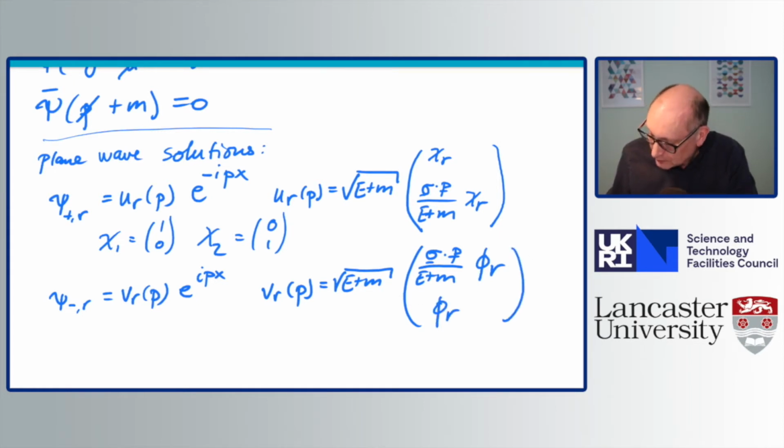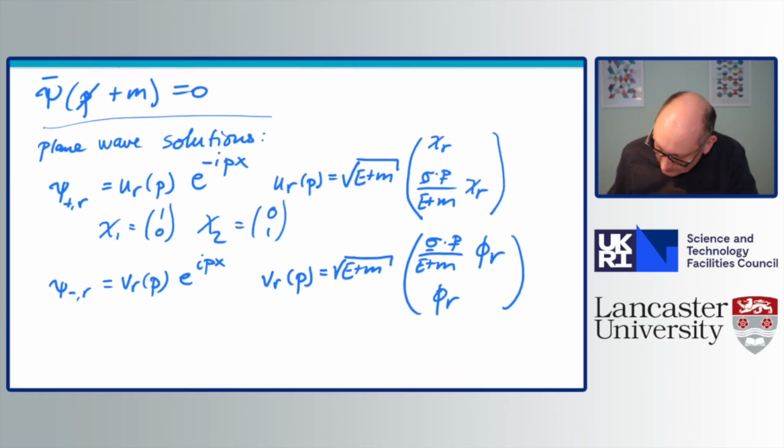So the complicated sigma dot p over e plus m relates to the bottom bit for the particle spinor and the top bit for the antiparticle spinor. Here again, phi 1 is spin up, phi 2 is down.